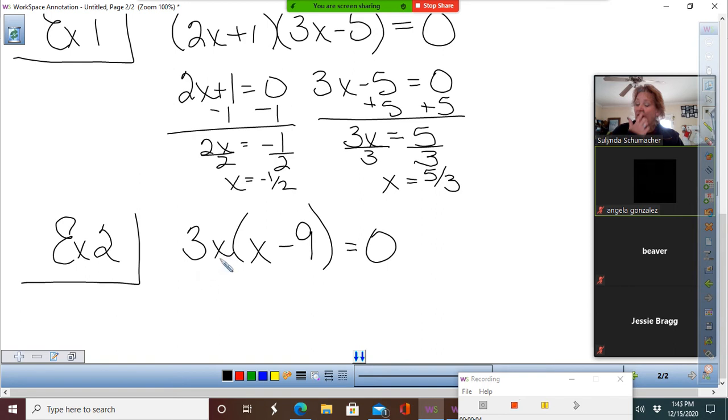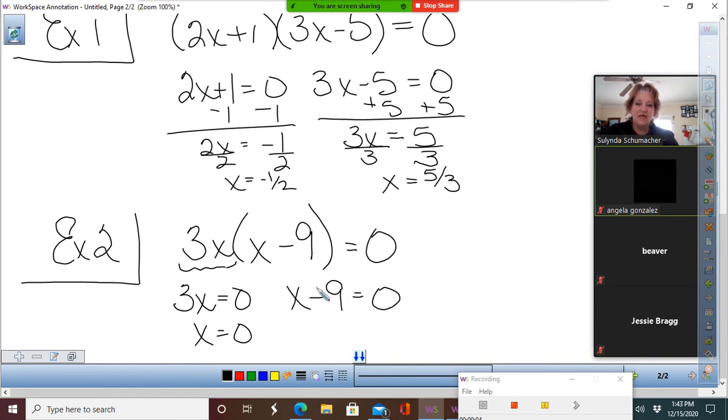So this factor that we undistributed, this one right here, that's also a factor. So I'm going to take 3x and set that equal to 0. I'm going to take x minus 9 and set that equal to 0. Dividing both sides by 3, I get x equals 0 here. And if I add 9 over, I get x equals positive 9. Again, that's the two places this parabola would cross the x-axis.